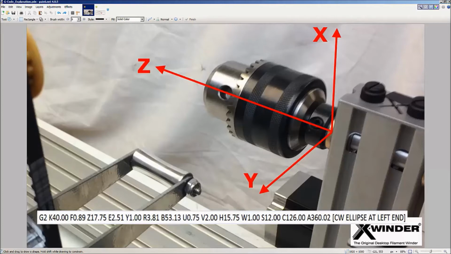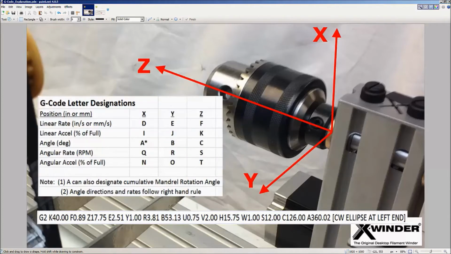Let's bring that one back up. So as we look at this file here, notice that the F and the Z occur together. We're moving at 0.89 inches per second along Z, and the Z target is 17.75 inches. E and Y occur together because this is the linear rate of the delivery head at 2.51 inches per second, moving that to a Y of 1 inch.